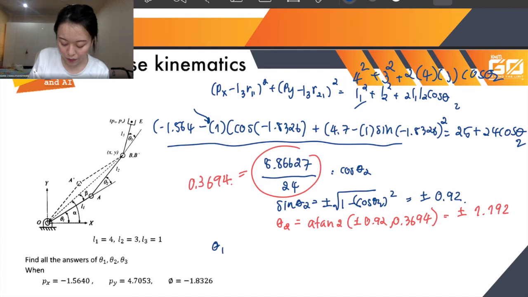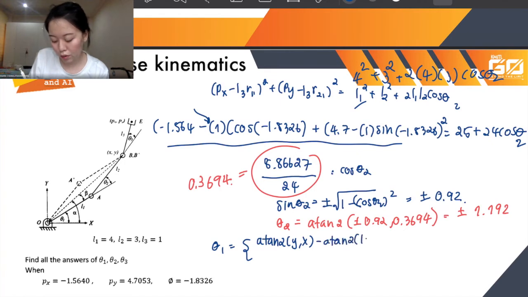Theta 1 will be equal to, we have two cases, right? So the first case is theta 2 is positive. This comes from atan2 of y, x minus atan2 of L2 sine theta 2, L1 plus L2 cos theta 2.